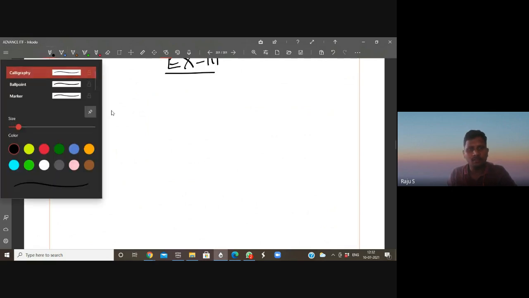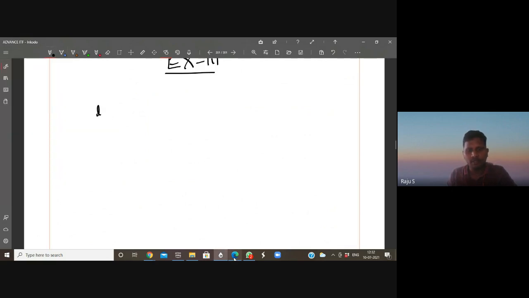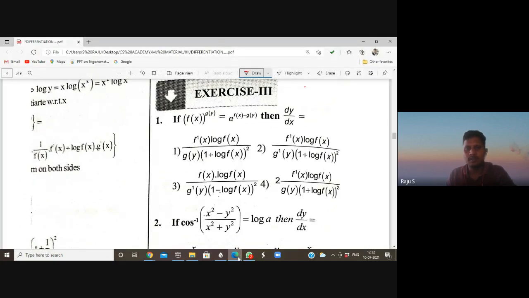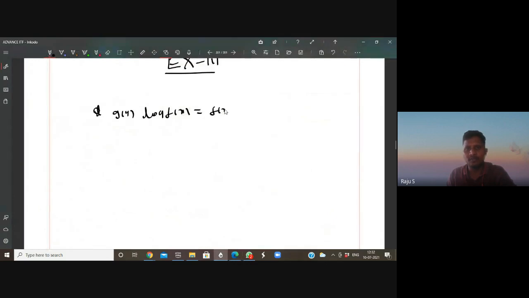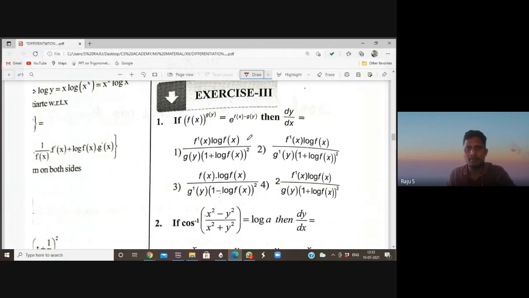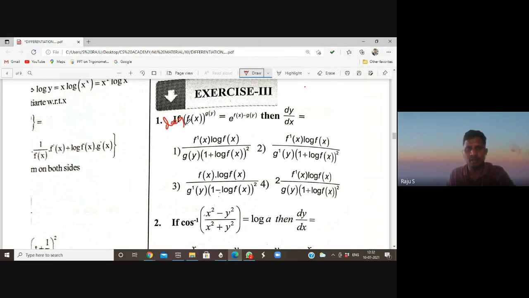When I take log on both sides, here we will get g of y into log f of x is equal to f of x minus g of y into log e. I applied log on both sides, directly I applied log a power m is m log a. So m log e, and log e value is clearly 1.